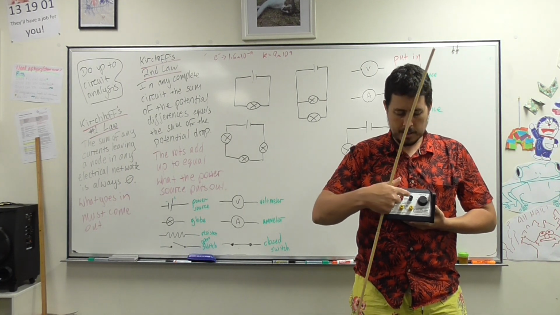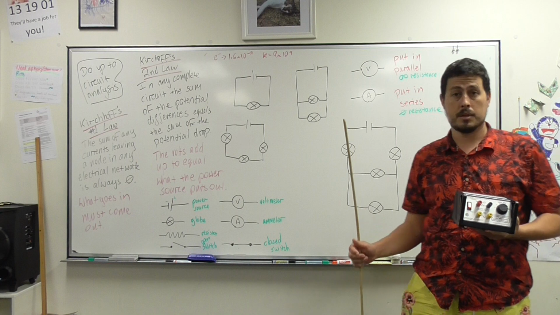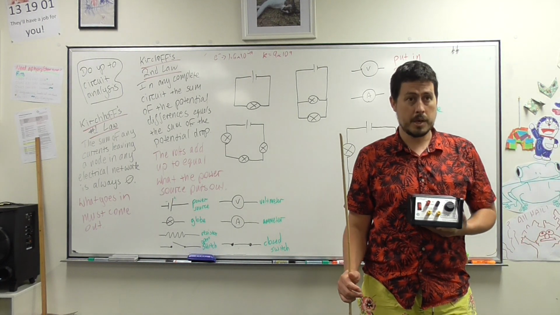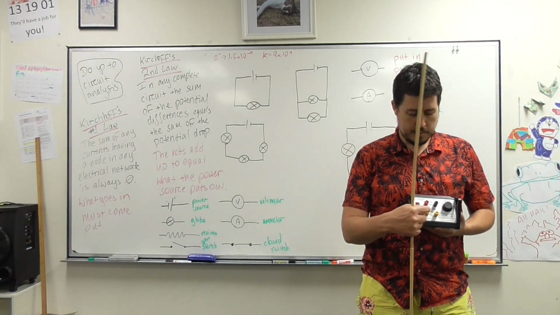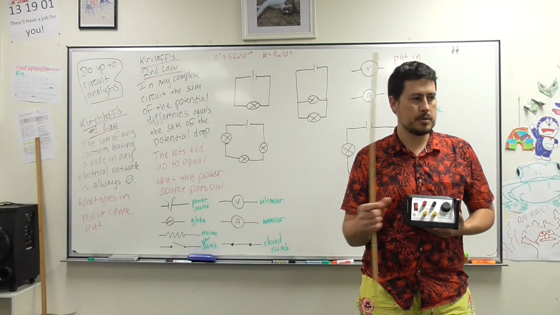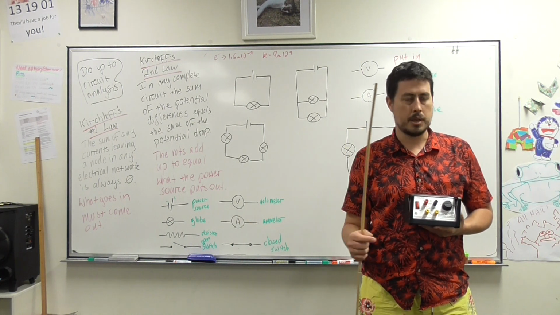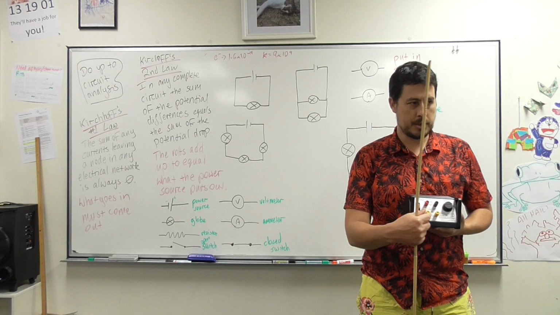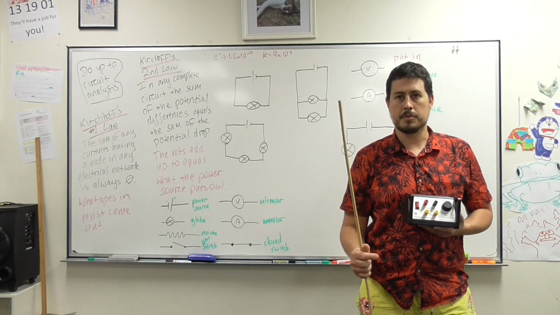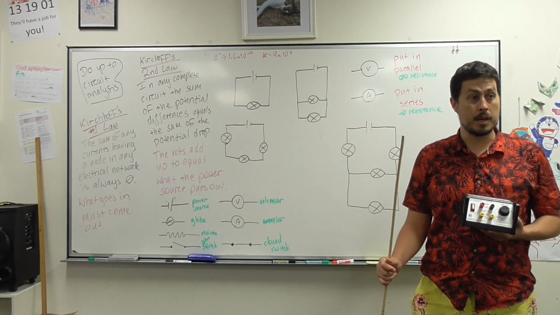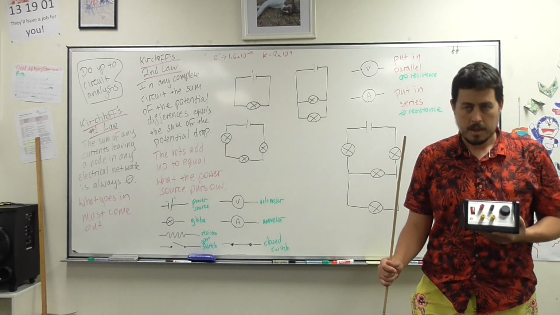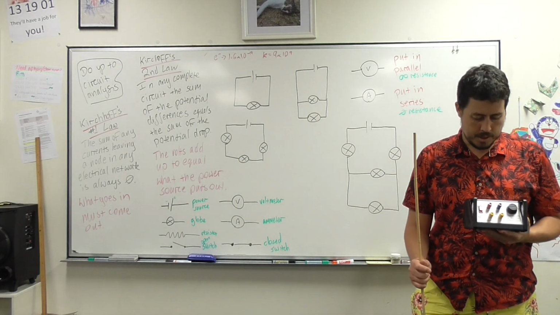This is direct current. These are all direct current circuits, so the electrons are all flowing in one direction. This yellow one is alternating current, so it goes backwards and forwards. That's what's in the wall, alternating current. That's why neither of them are positive and negative, because it goes backwards and forwards. Both of them are positive and both of them are negative. It just depends on which way the power is going and at what rate it's oscillating.